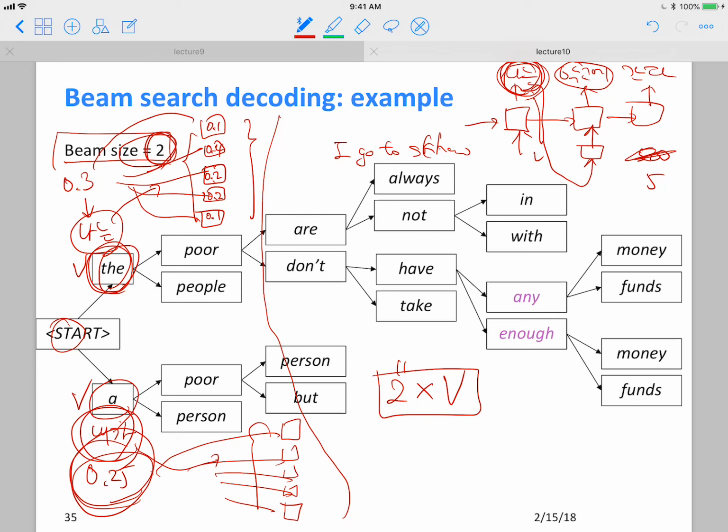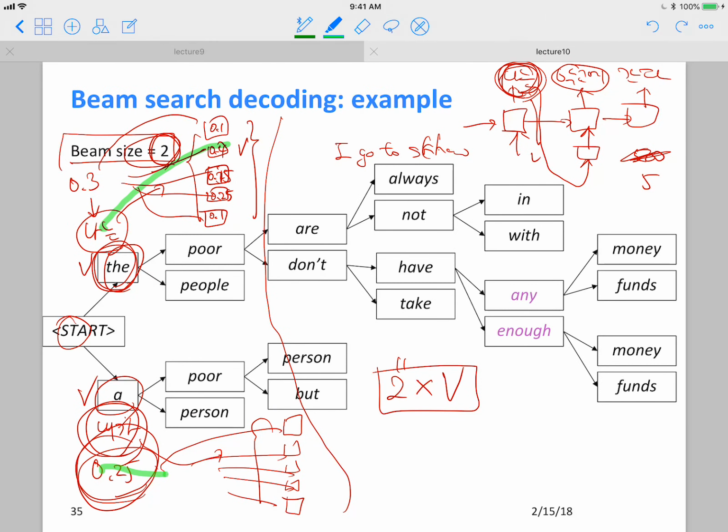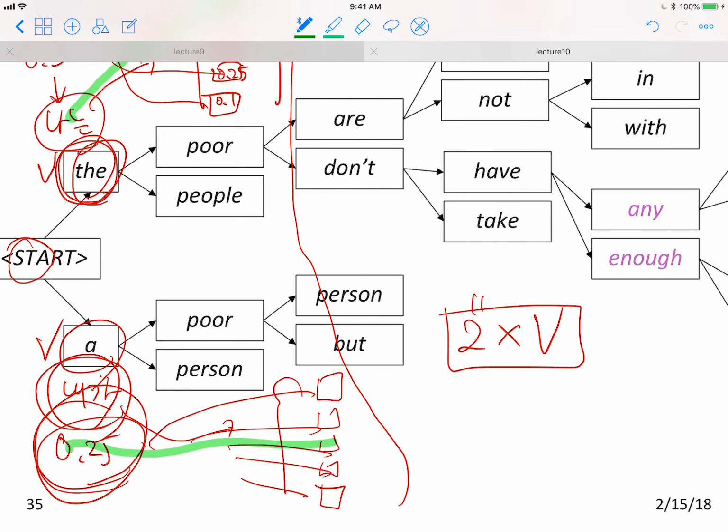They could be selected from one branch, maybe this one and this one. Or they can also be selected with one from the top branch and the other from the bottom branch, because suppose the bottom branch had a really big probability of 0.6.